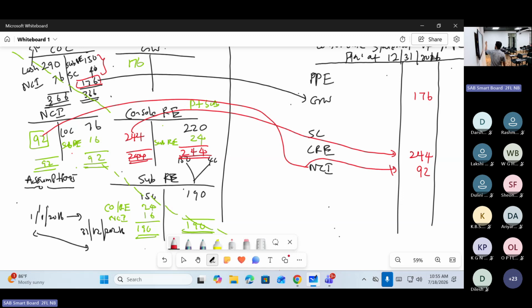So we took three balances we wanted to get to the consolidated balance sheet. What are the three balances? Goodwill, NCI, and consolidated earnings. Those are the three critical balances we are supposed to calculate when doing consolidation. What are the three accounts? Goodwill, consolidated earnings, NCI.